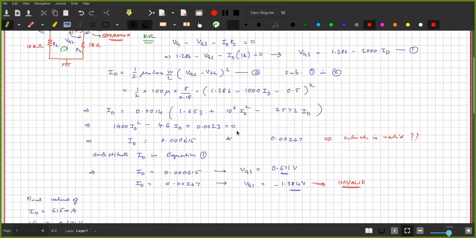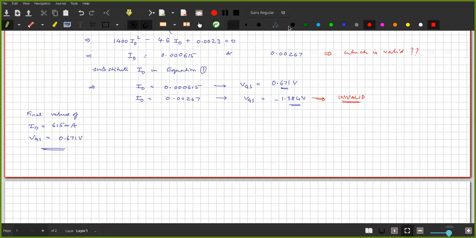So the limiting condition for the MOSFET to be in saturation is VDS equal to VGS minus VT.